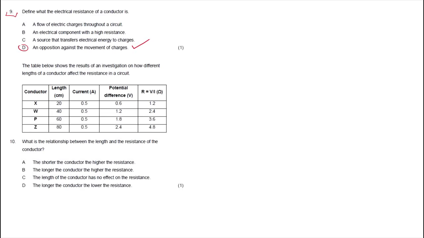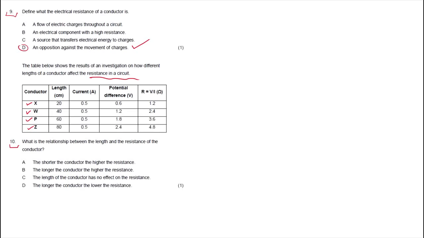And then next, we will move to question 10. So question 10, we are told that the table below shows the results of an investigation on how different lengths of a conductor affect the resistance in a circuit, right? So we can see that we have different conductors: X, W, P, and Z. The question says, what is the relationship between length and the resistance of the conductor?